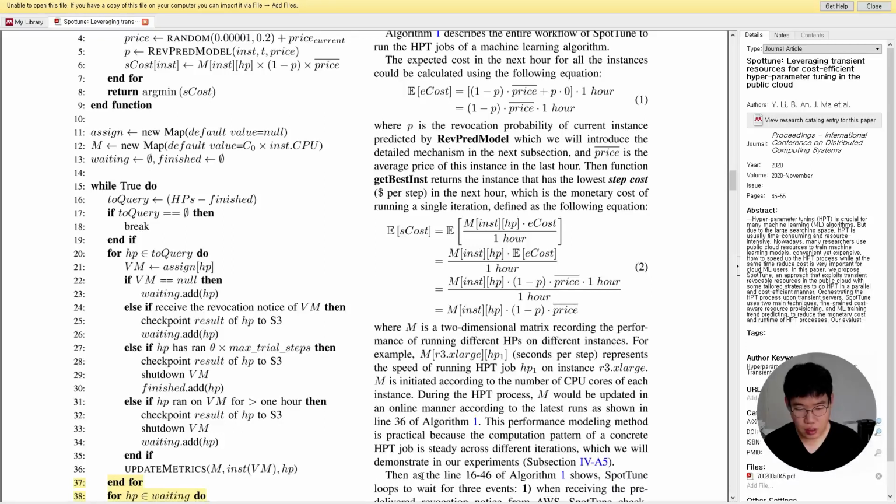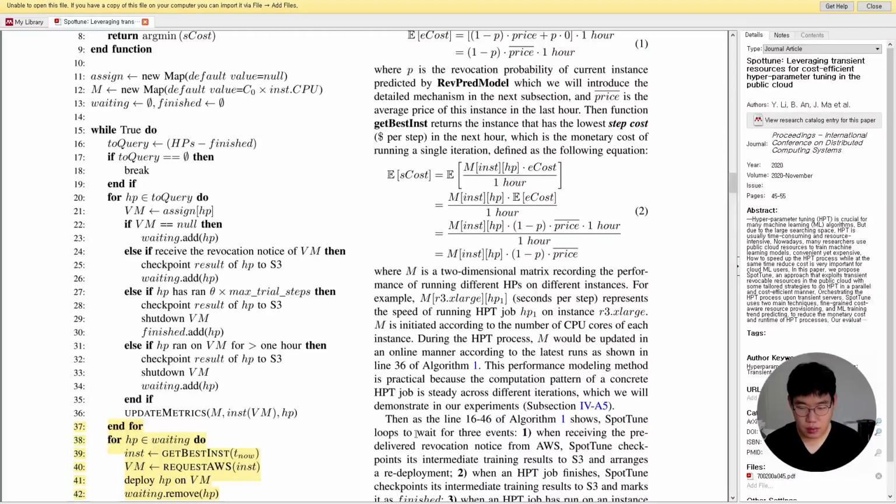Then, as lines 16 to 46 of Algorithm 1 show, SpotTune loops to wait for 3 events. First, when receiving the pre-delivered revocation notice from AWS, SpotTune checkpoints its intermediate training result to S3 and arranges a redeployment.